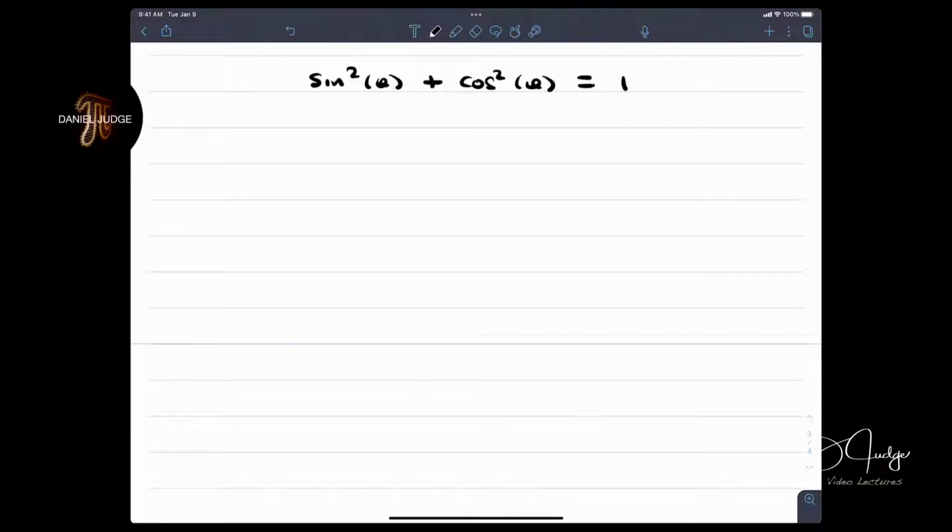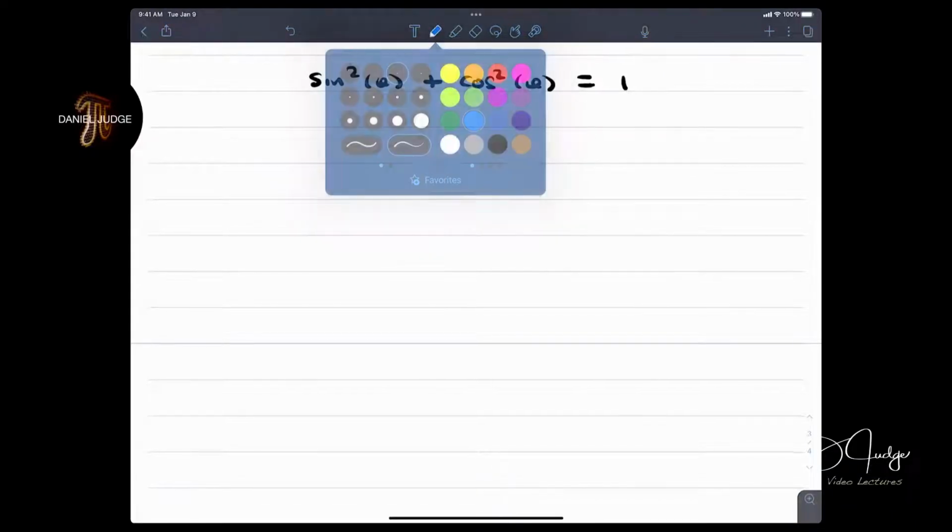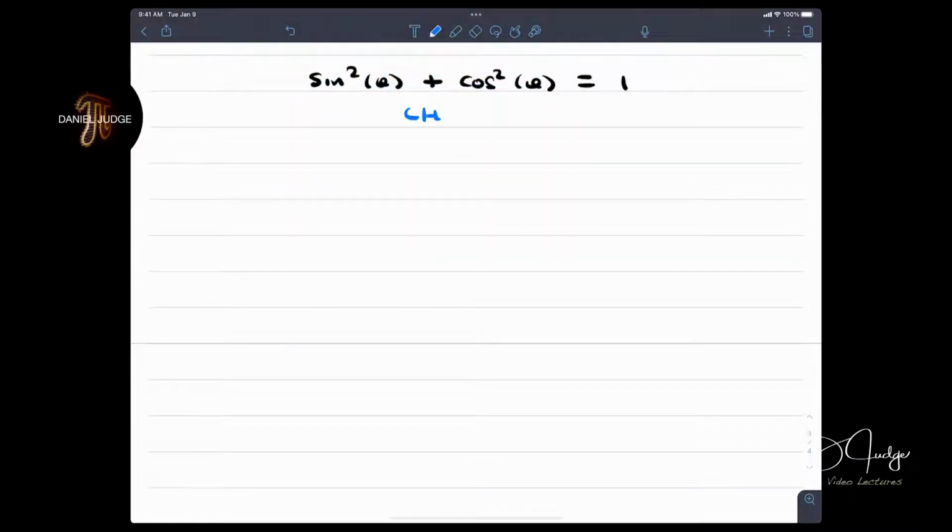Now, you might say, where does this come from? Well, we could do something like this. I can say, notice this is the left-hand side and it equals the right-hand side. So if I have to prove this, they have the word prove. I want you to know where this comes from, some of these identities. Prove that sine squared theta plus cosine squared theta is 1.